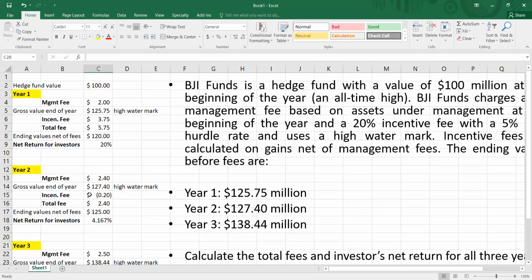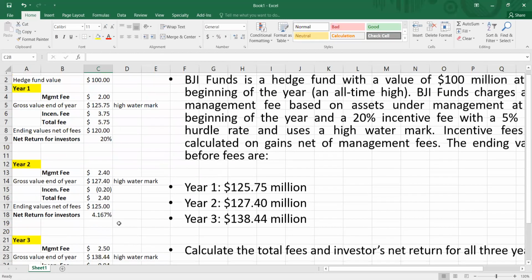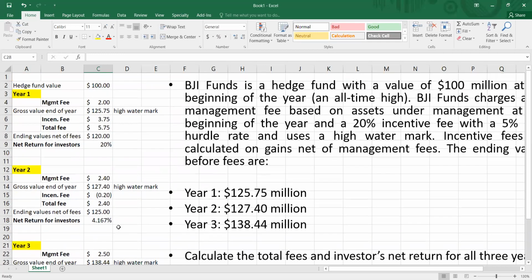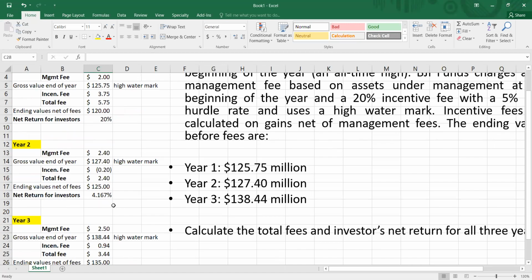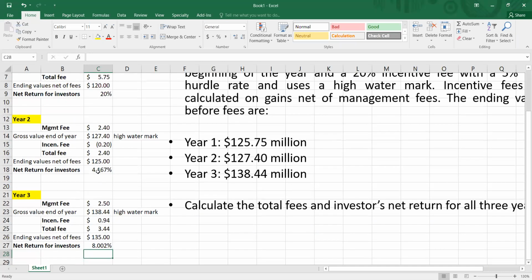So what was the best year for the investor? Year one, because they received 20%. And the worst year? Year two, because they didn't actually get well.